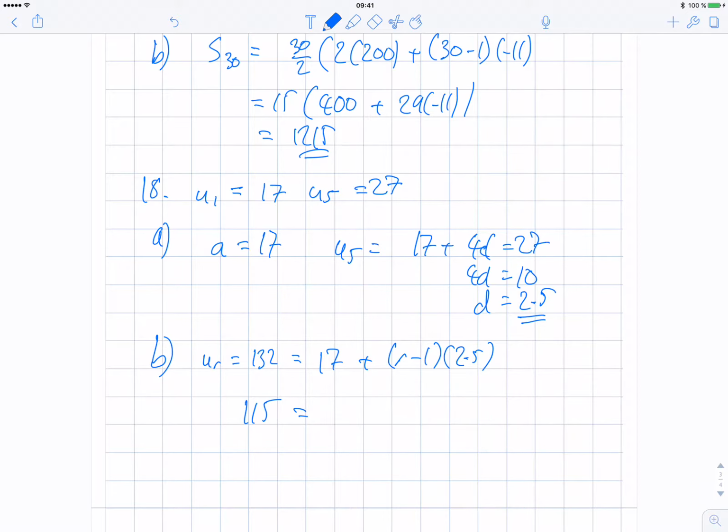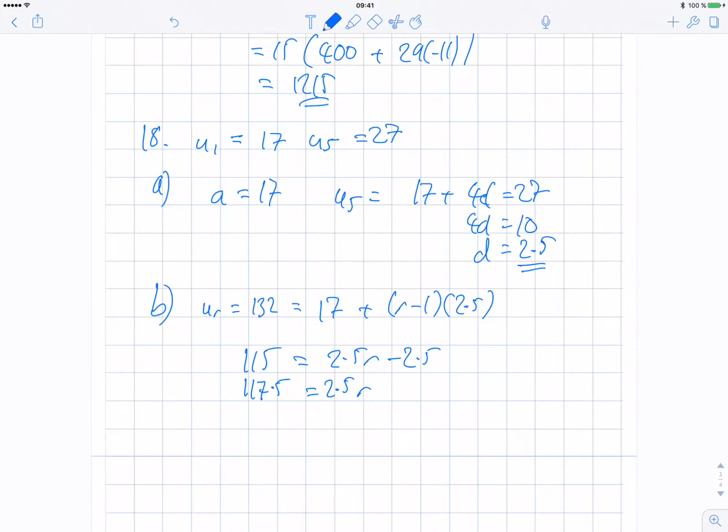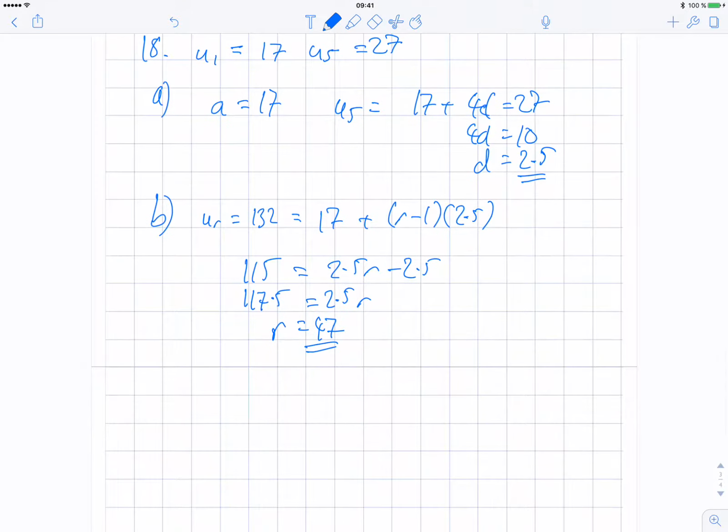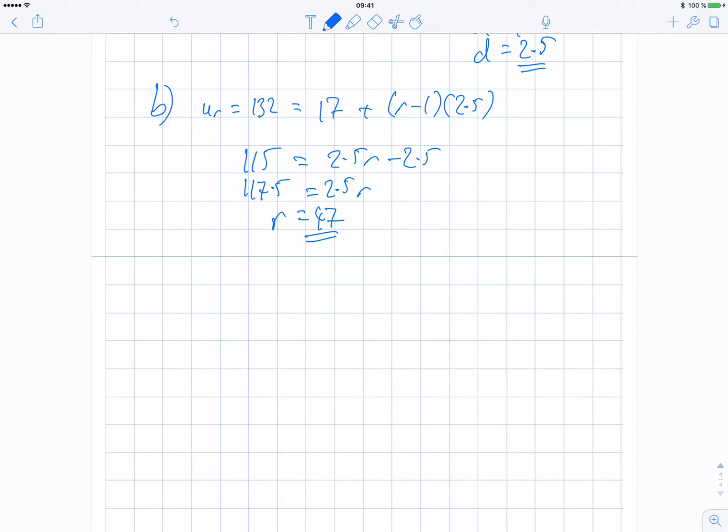That's equal to 2.5r, just multiplying out. Okay, 115, add 2.5 is 117.5 is equal to 2.5r. Now I divide by 2.5 and I get 47. So r is equal to the 47th term. Question C.